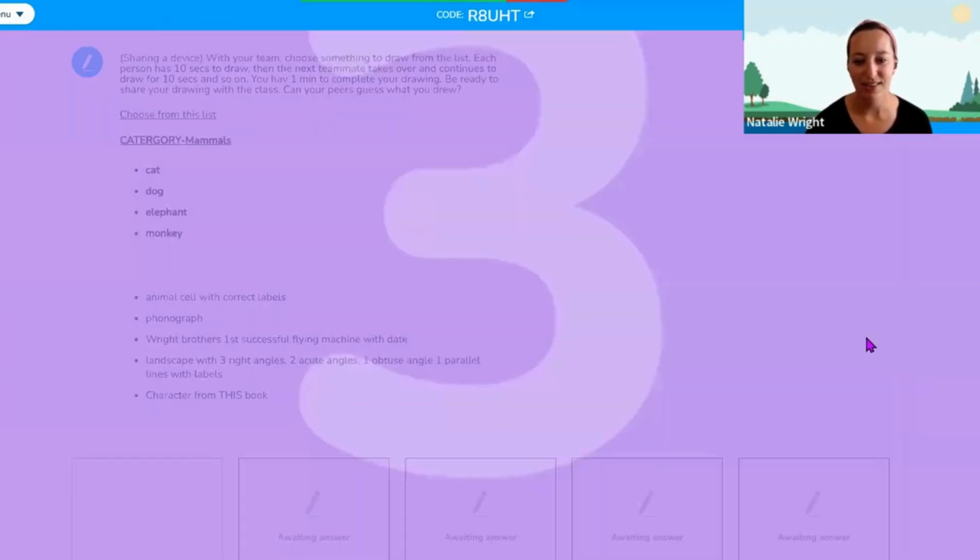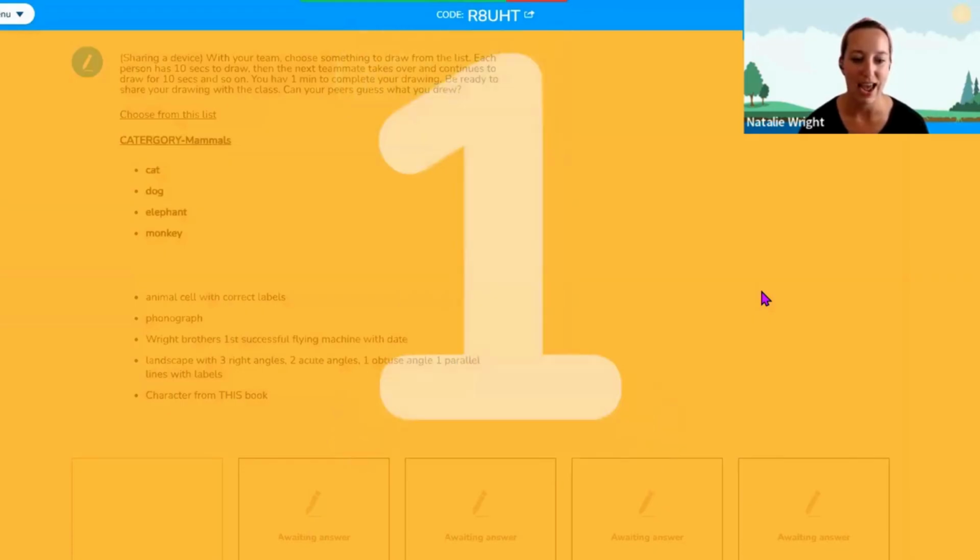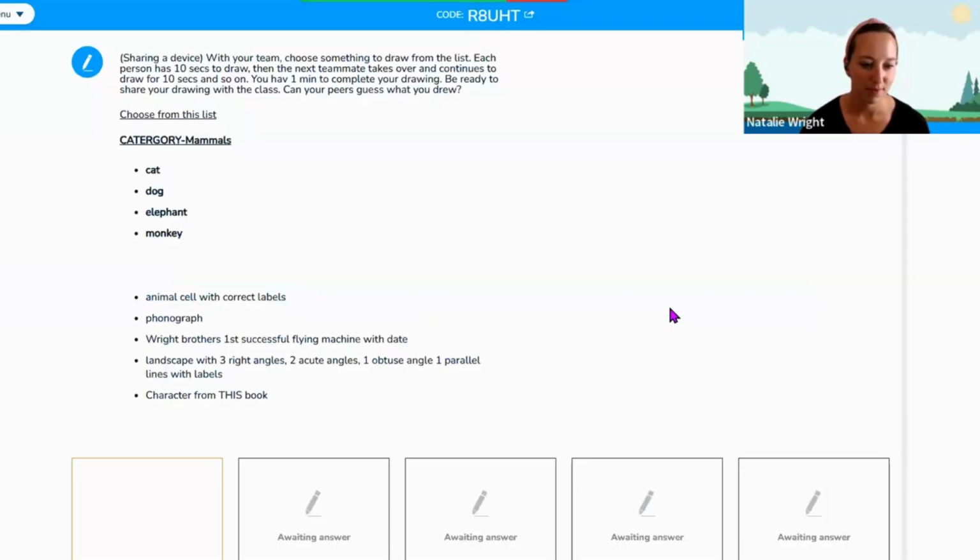Okay, your time starts now. I have some other stuff written on these directions, I'll go over it, but for this game, draw either a cat, a dog, an elephant, or a monkey. Do your best.